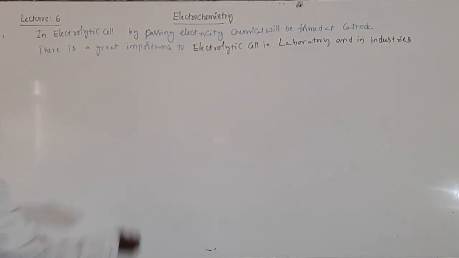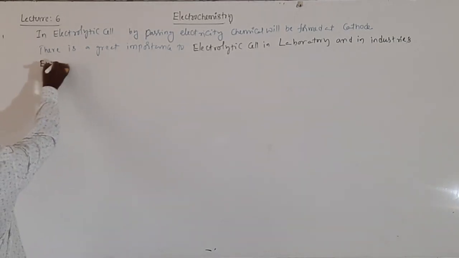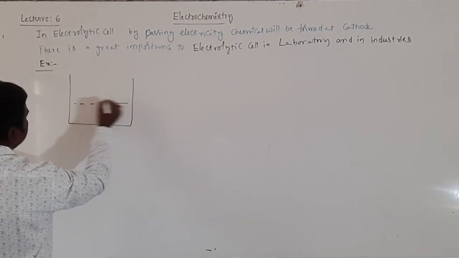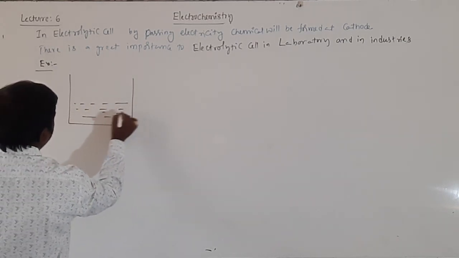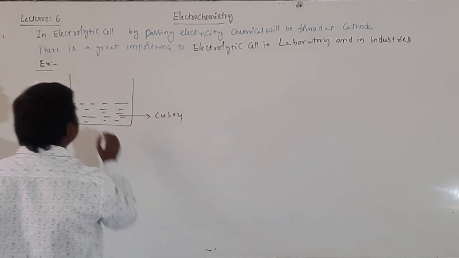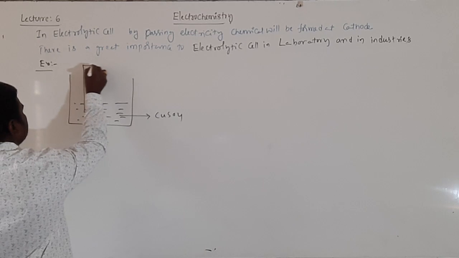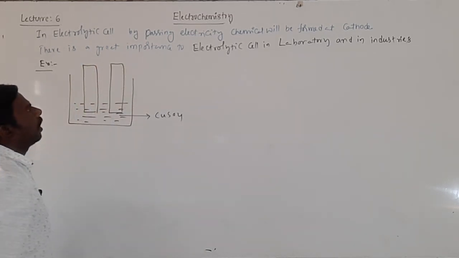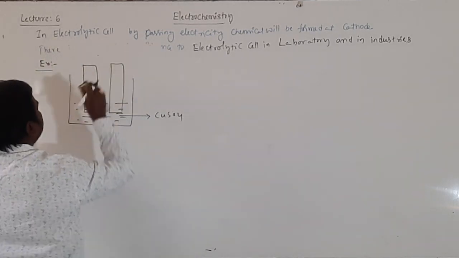The best example is one cell in which copper sulfate is taken as electrolyte. There are two copper rods, connected by a battery.